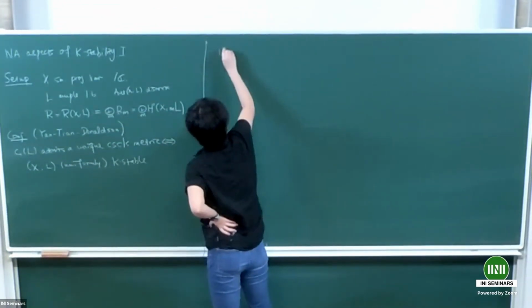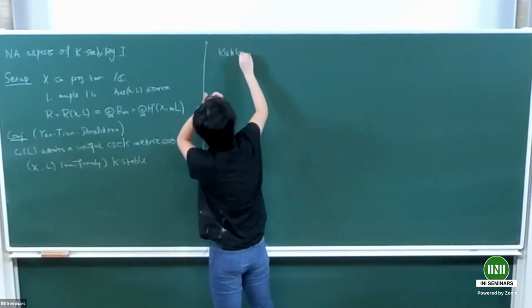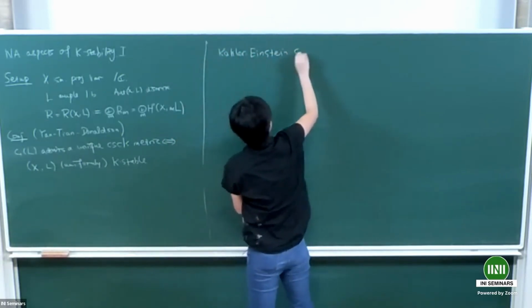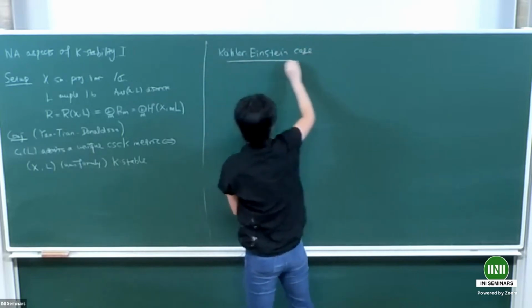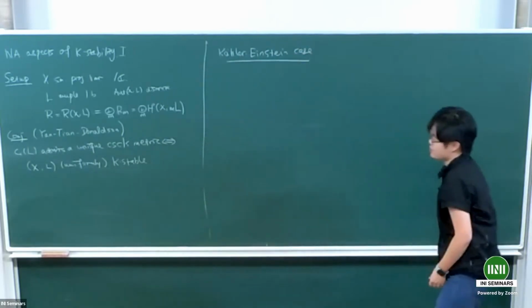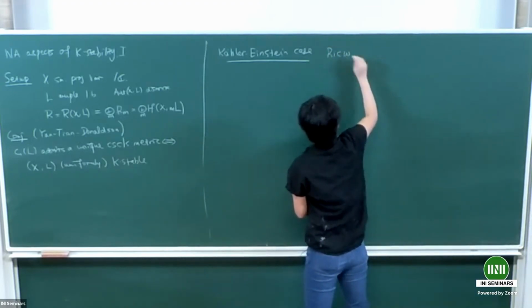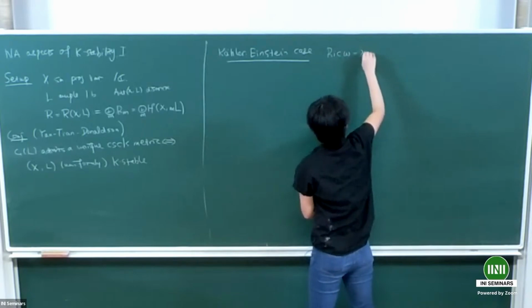So the Kähler-Einstein case. They're divided into 3 different classes depending on the positivity of the Ricci curvature.